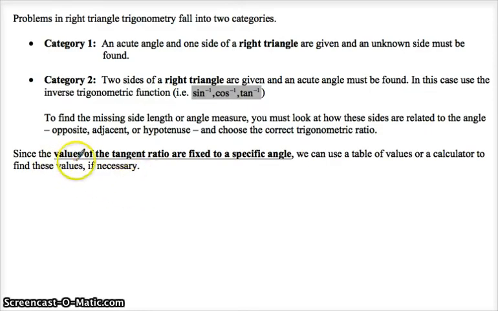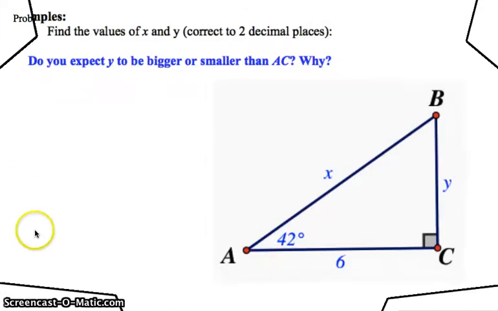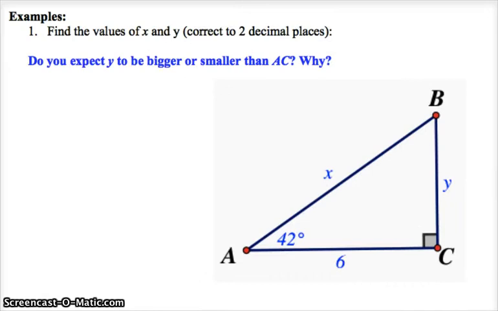Since the values of the tangent ratio are fixed to a specific angle, actually not just tangent, any trig ratio, we can use a table of values or the calculator to find these values if necessary. So once we know the angle, the sine or the cosine or the tangent of that angle is always the same. For this problem, we're going to use angle size 42 degrees.